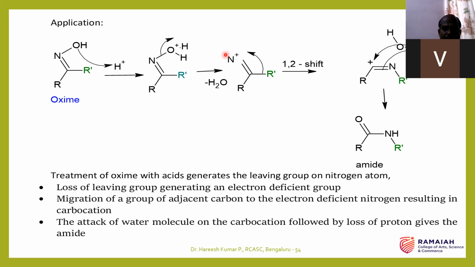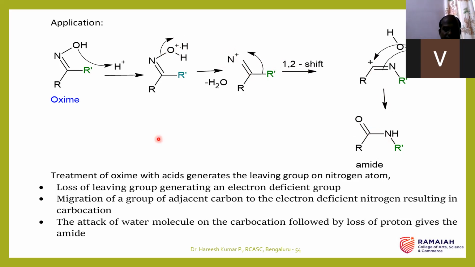There is a formation of nitrilium ion. Nitrilium ions are unstable. Then this bonded pair, meaning this alkyl group, is moved from this carbon to this nitrogen. This is also called a 1,2 shift, forming a carbocation, and this carbocation is attacked by water moiety, giving rise to substituted amide.